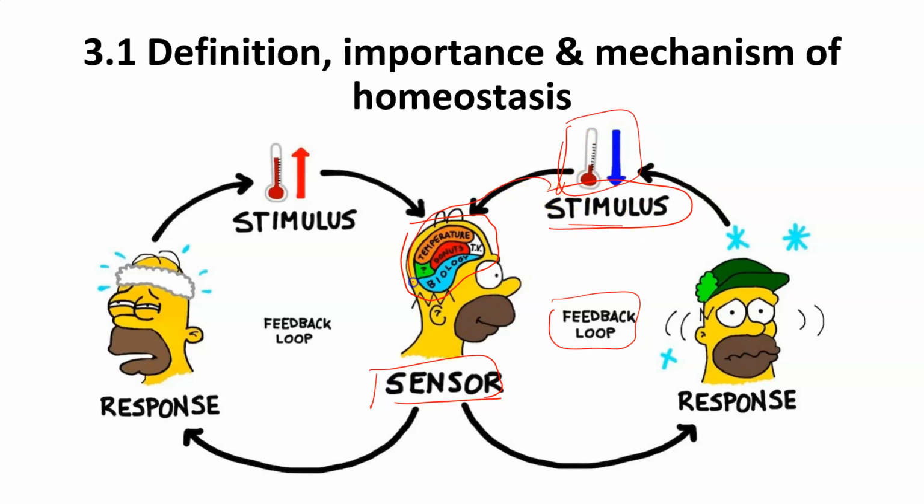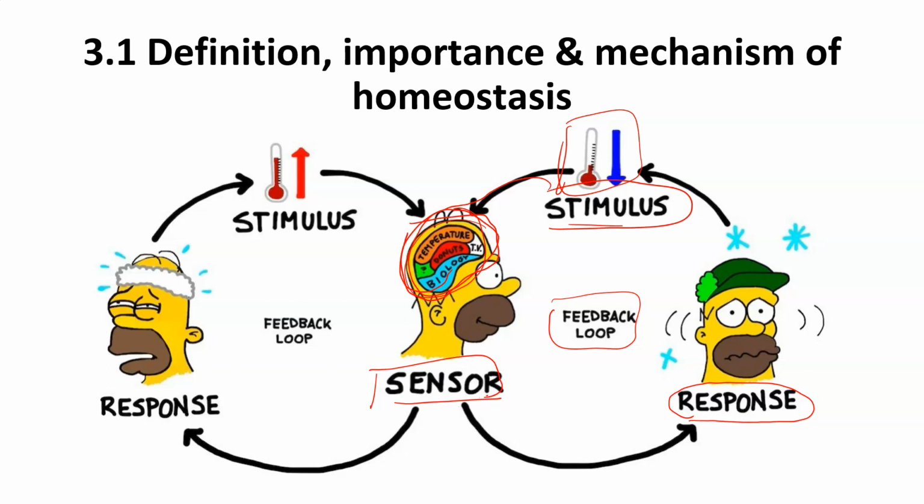The stimulus will be sent to the brain through impulse, and then detected by the sensor. Then the information is generated, and the brain will figure out the right response and send to the effector and causes, for example, shivering. So shivering to increase your body temperature. You are producing heat to warm the body.